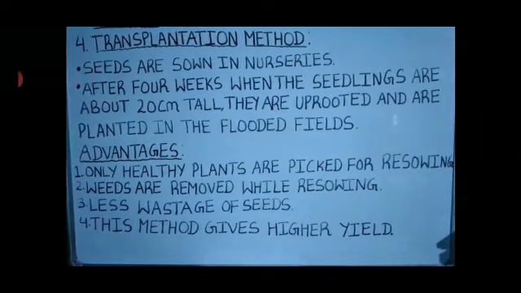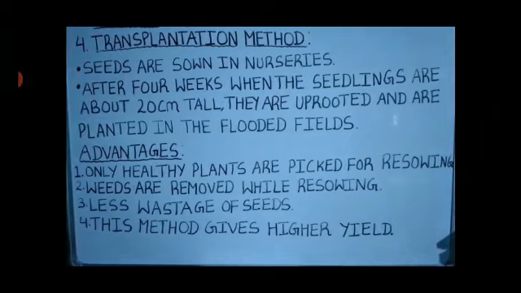Now the fourth one, which is a very important method, is the transplantation method. Let's talk about the features of this method. Number one, seeds are sown in nurseries. Number two, seeds are first sown in a nursery after soaking the seeds in water for 24 hours.